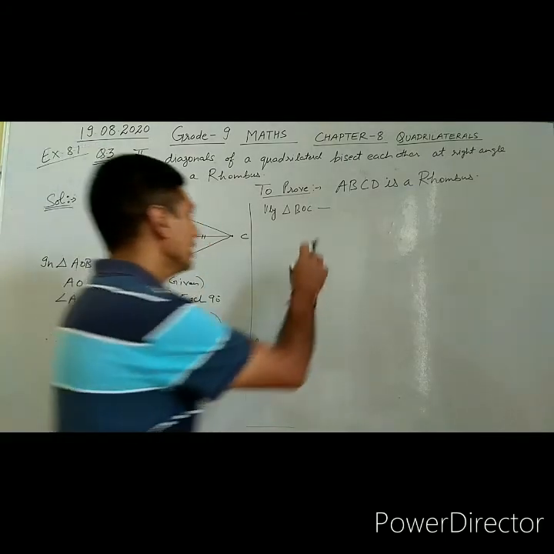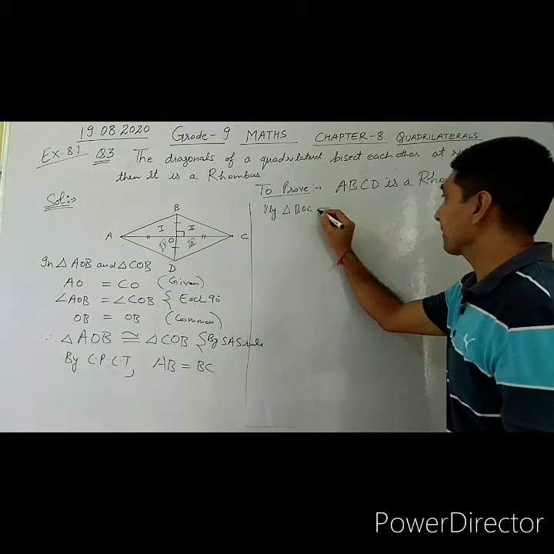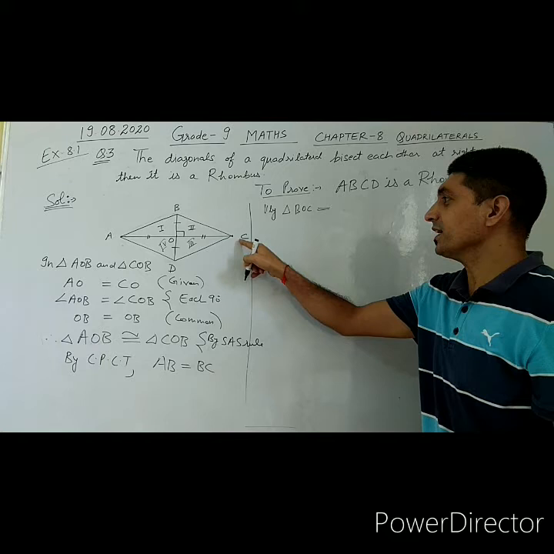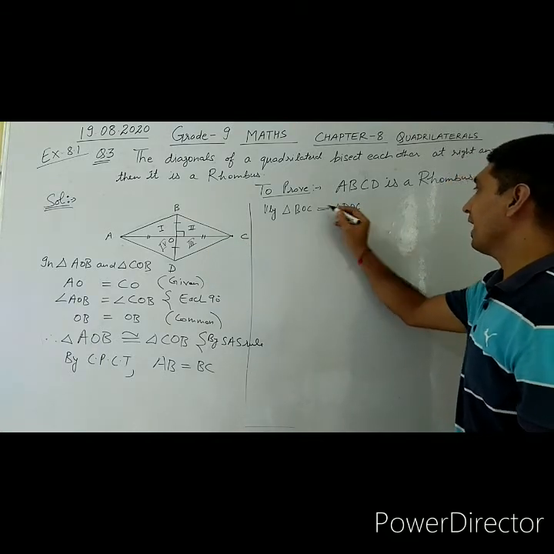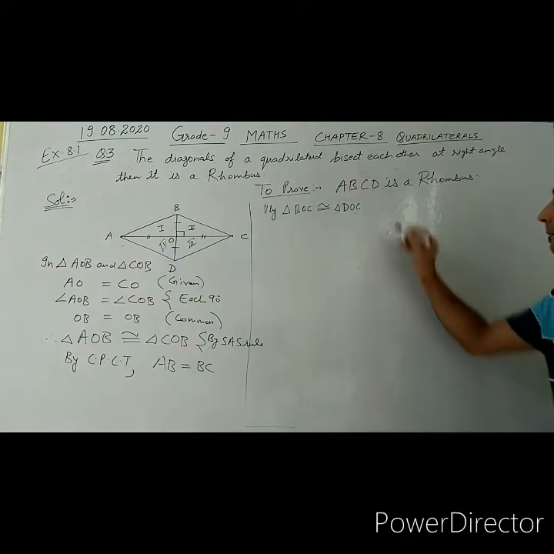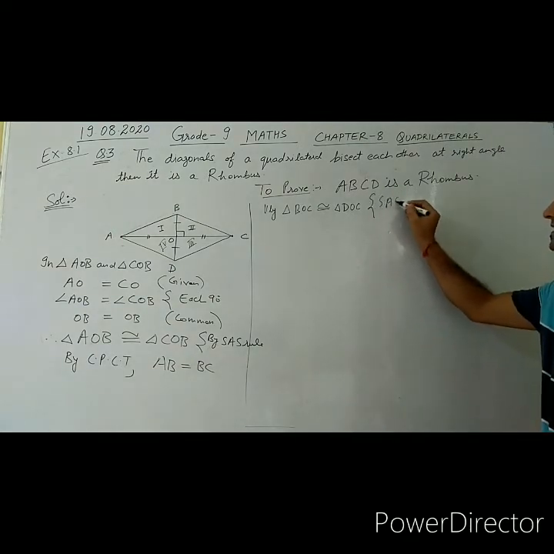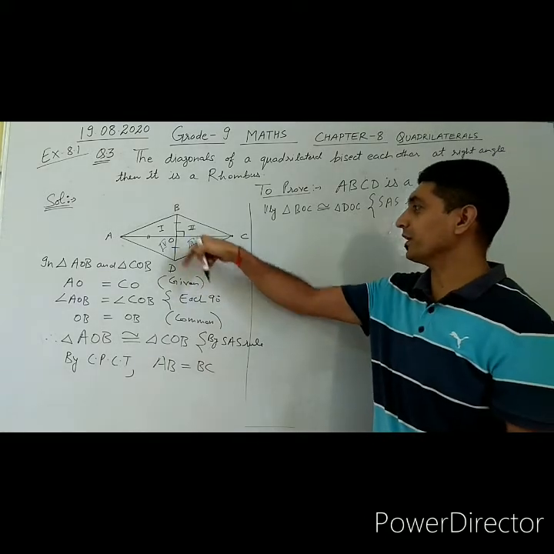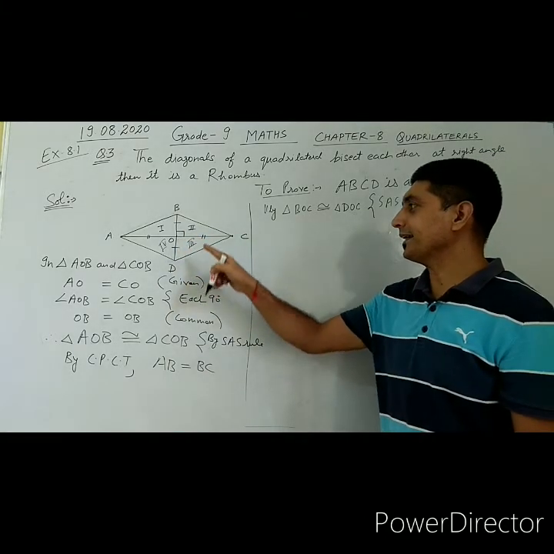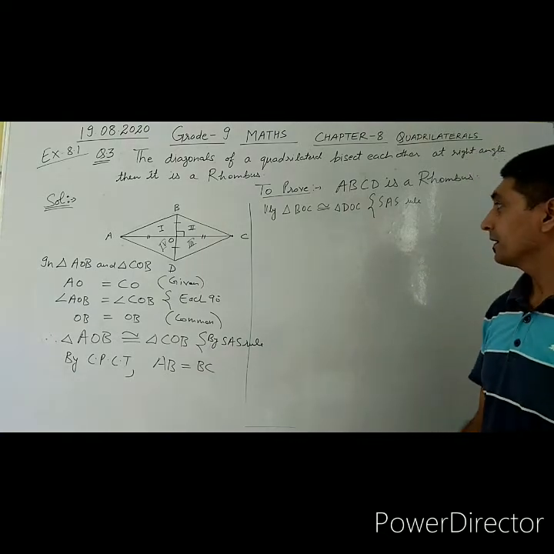So here triangles BOC and DOC are congruent by the side angle side rule. OB and OD are equal, the angles are 90 and 90, and OC is common here.